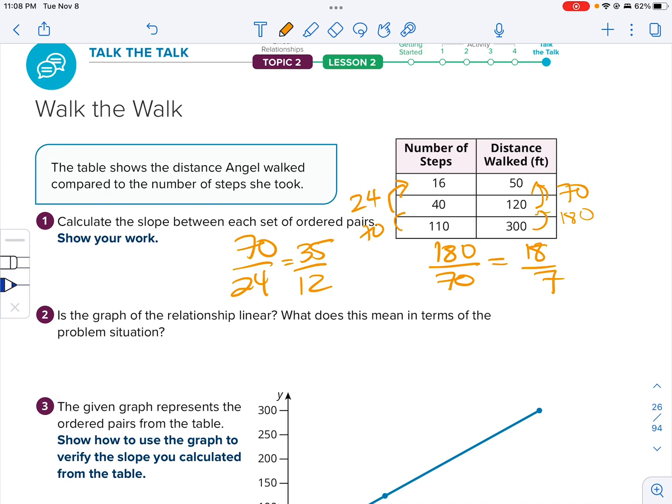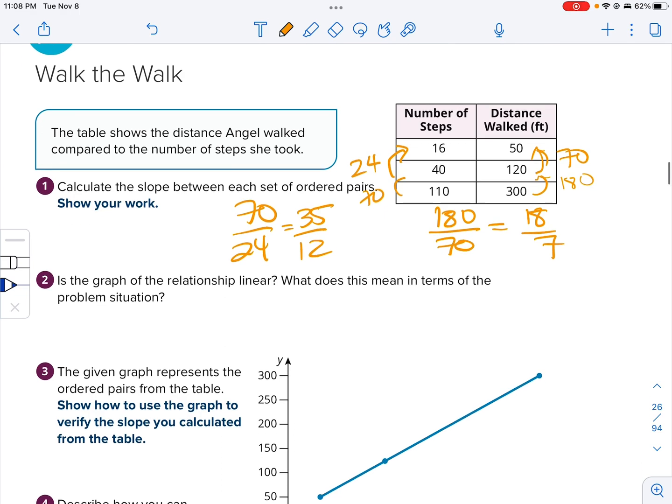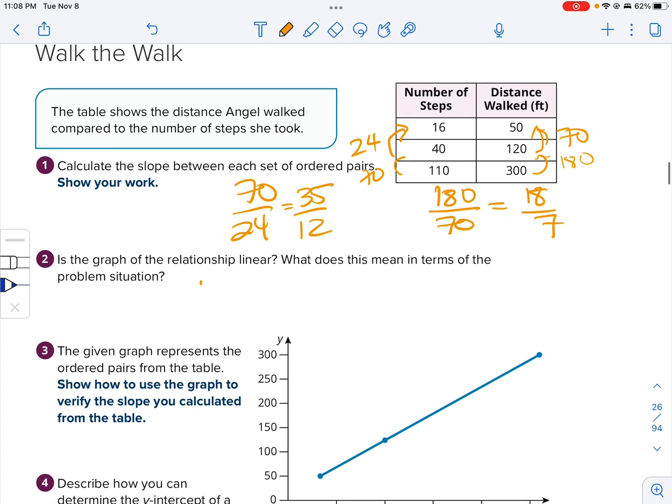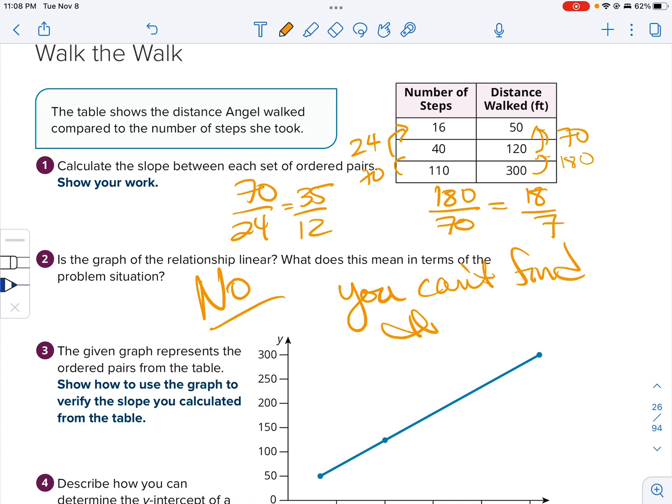And 18 divided by 7. No, they're not the same. Interesting. Oh, is it linear? No. What does this mean in terms of the problem situation? You can't find the equation.